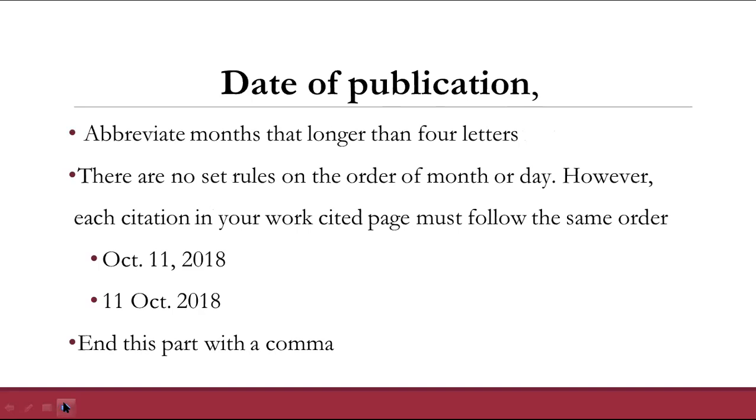Now you can put it in whatever order is most comfortable, but of course you would have to be consistent. For example, if it is October 11, 2018, then you can put Oct. 11, 2018, or you can put it in the other way, 11 Oct. 2018. And of course you end this section with a comma.